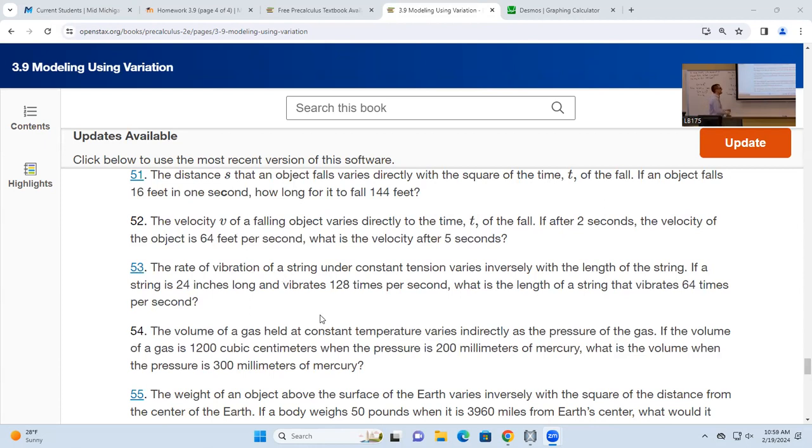All right, notice that they didn't give us any variables on 53, so we're going to have to make up our own. So rate of vibration, what letter do we want to use for that? It doesn't matter, I'm just asking if you have a preference on letters. V. All right. Rate of vibration, we'll call that V, vibration rate, of a string under constant tension varies inversely with the length of the string.